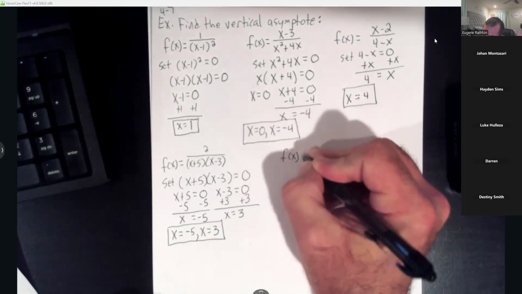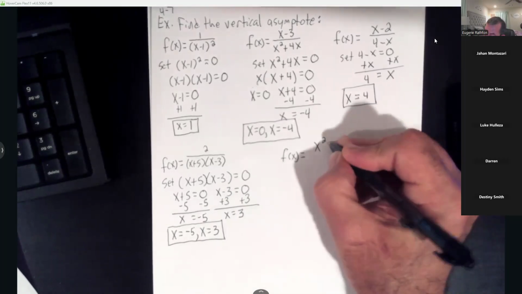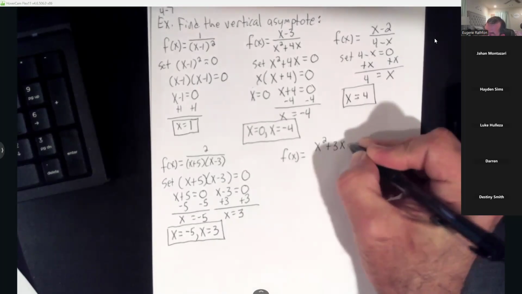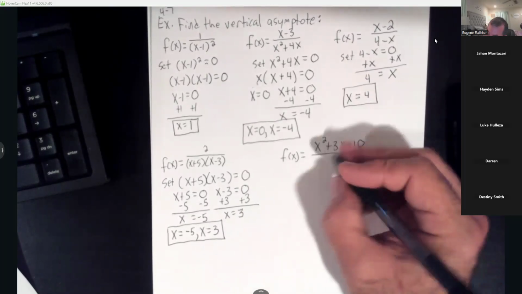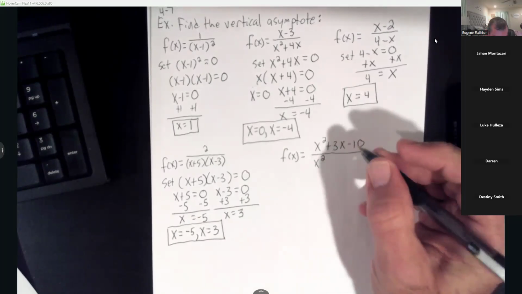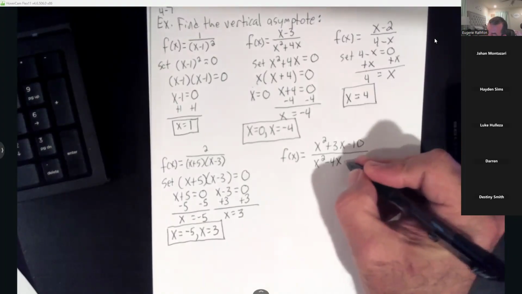We've got f of x equals x squared plus 3x minus 10. We're going to divide that by x squared minus 4x minus 12.